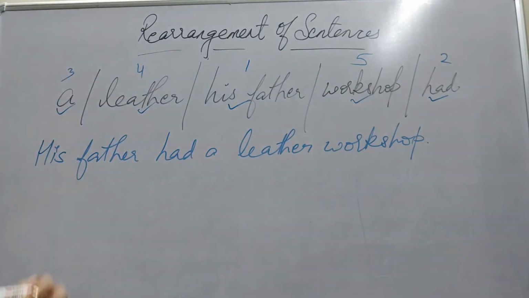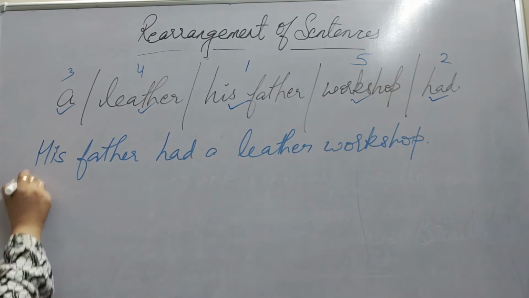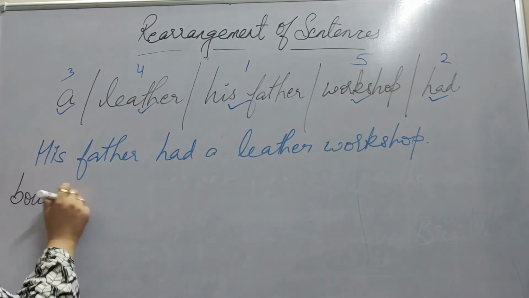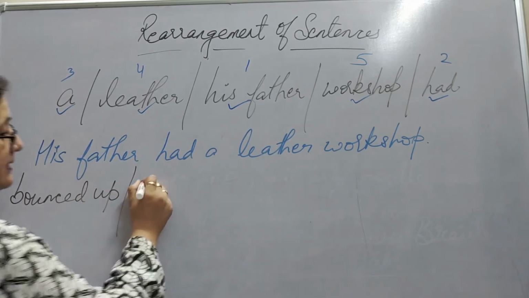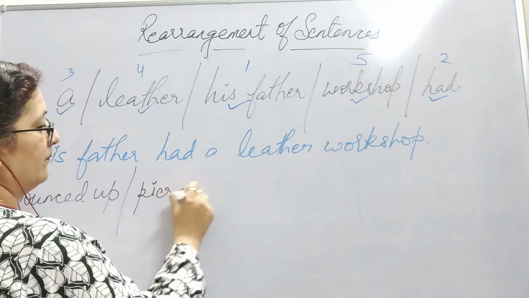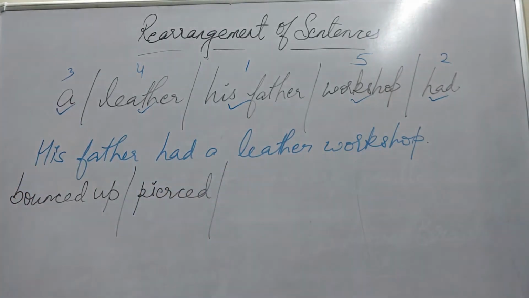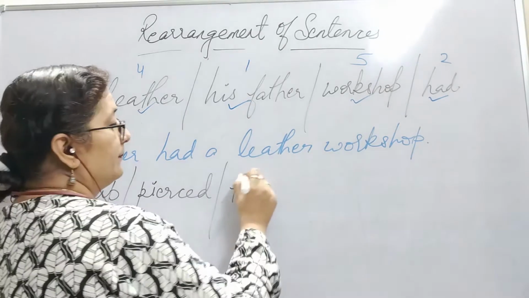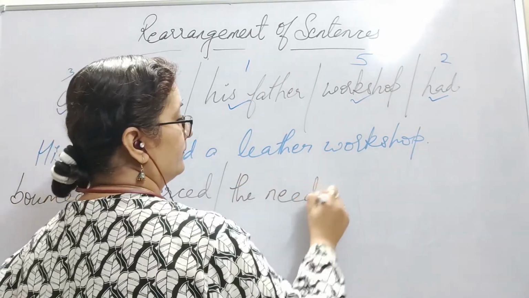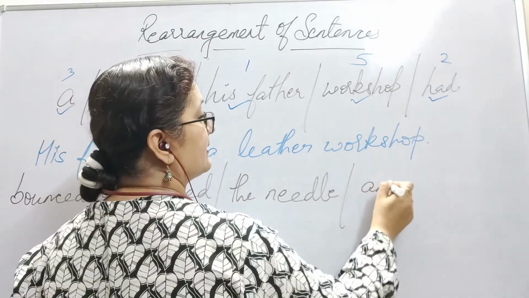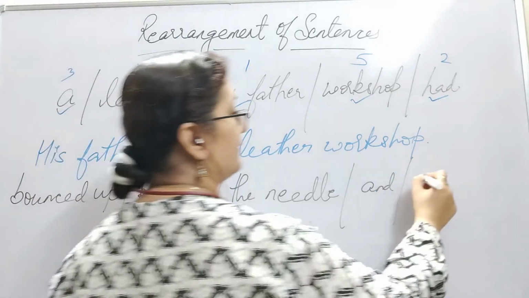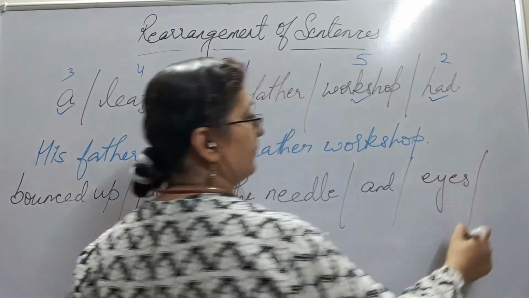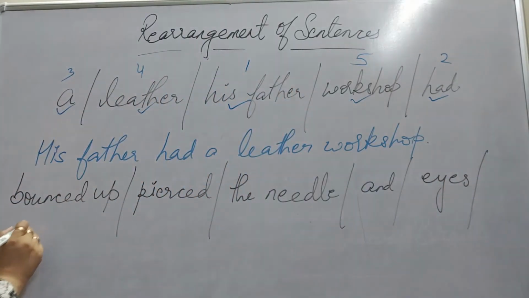Let's have another sentence. Another few lot of clues for you. Bounced up. Let's have another one. Pierced. The needle. And let's see, what else do we have? Eyes. One of his.